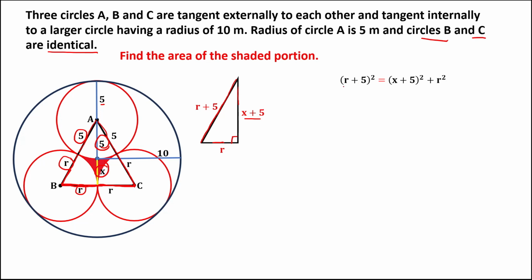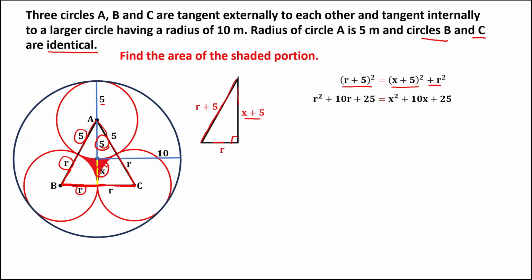Then to simplify, to expand this binomial, this is equal to R squared plus 10R plus 25. Then equals, to expand this binomial, this is equal to x squared plus 10x plus 25.